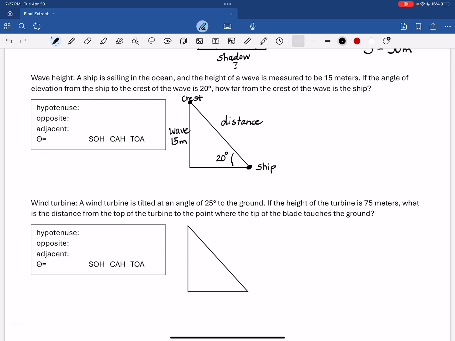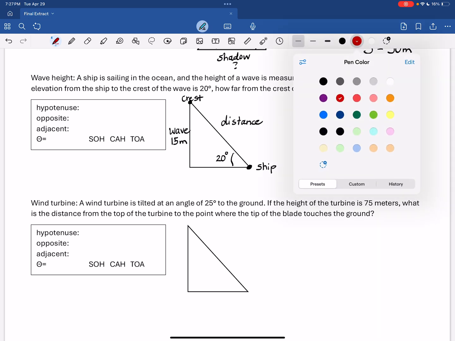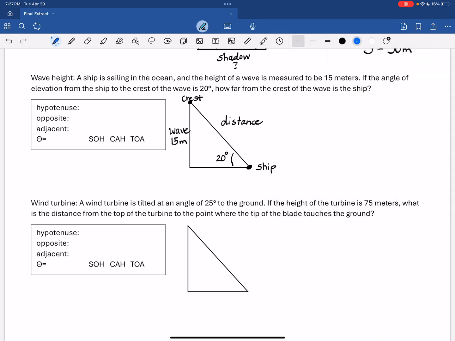So let me draw, I'm going to switch colors. This is not related to the math itself, but it is related to the concept that we're seeing here. So if this is the wave that's coming up through the ocean, this point right there is called the crest.